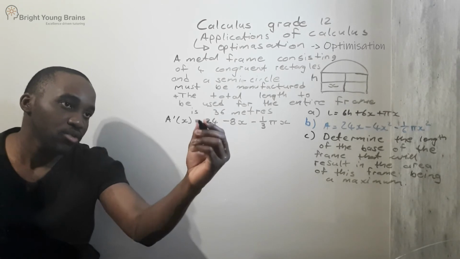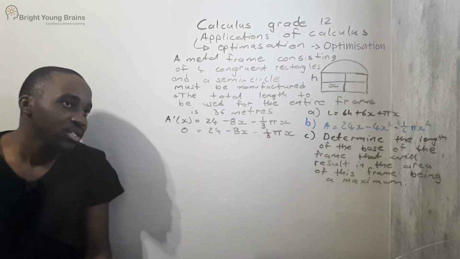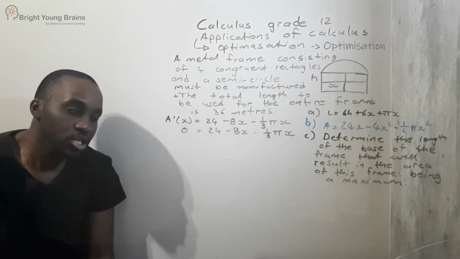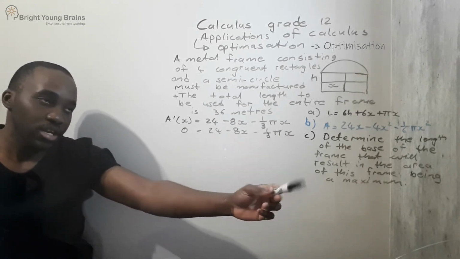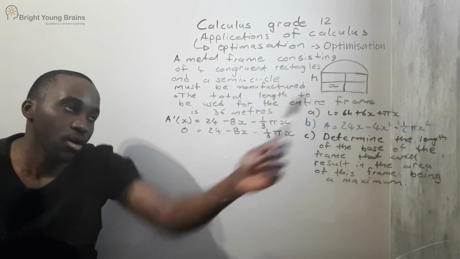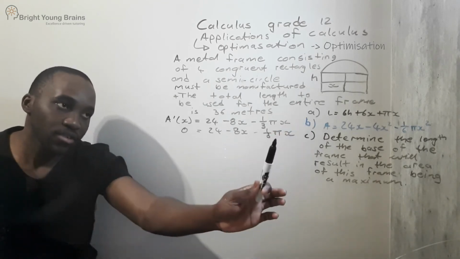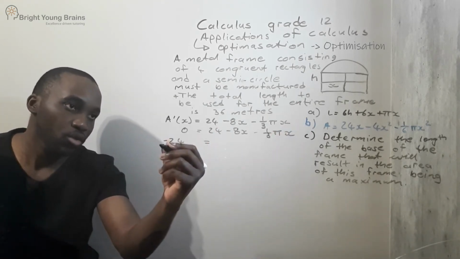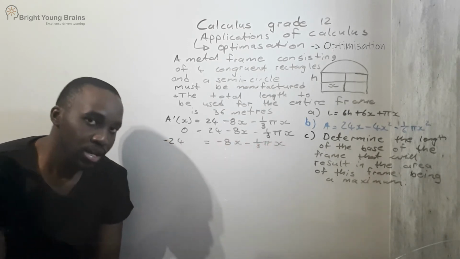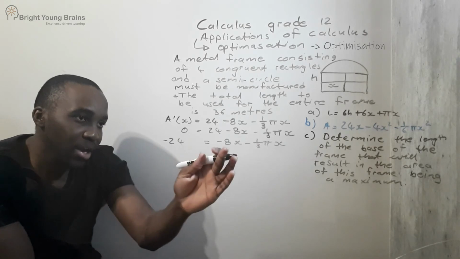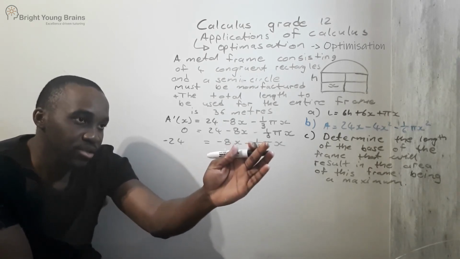So these differentiated ones, we said we need to equate it to 0 and then get an x value here, which will result in the area of our frame being a maximum. So for the x value here, the 24 can go over, and then we can see that these are like terms. Now you could put in your calculator negative 8 minus negative 1/3 pi.